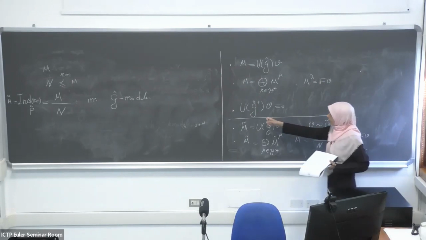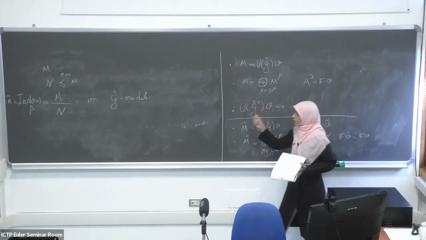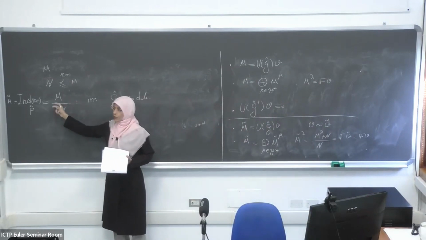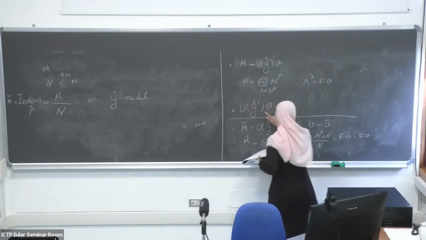And because UG hat plus V is 0, and the module action of the quotient is induced from the module action of M, for this quotient we also have this.